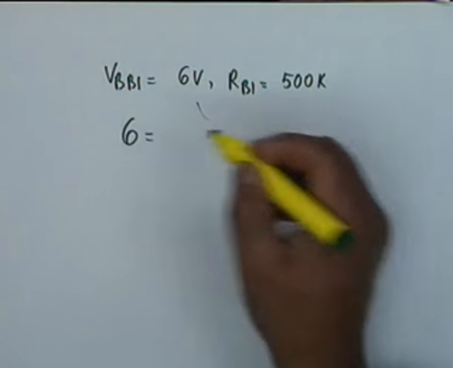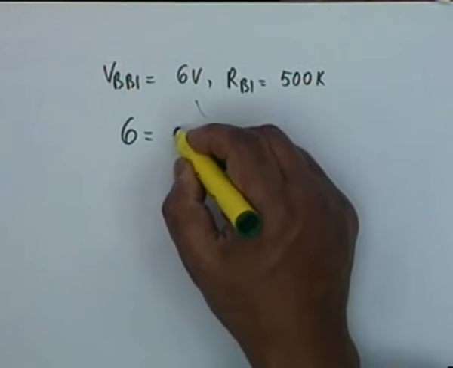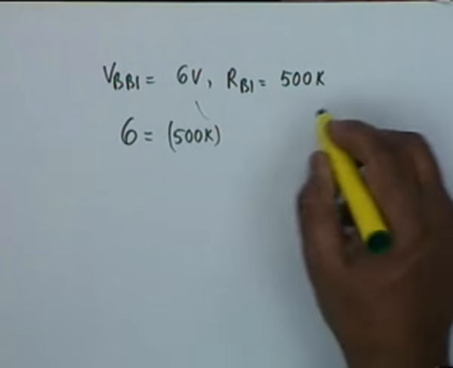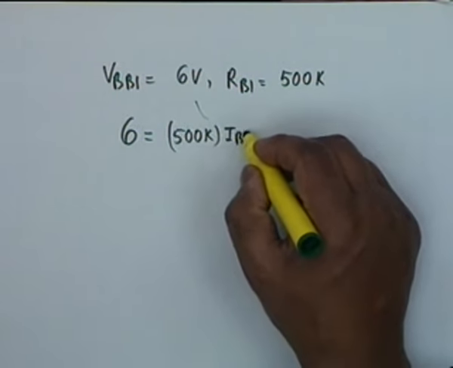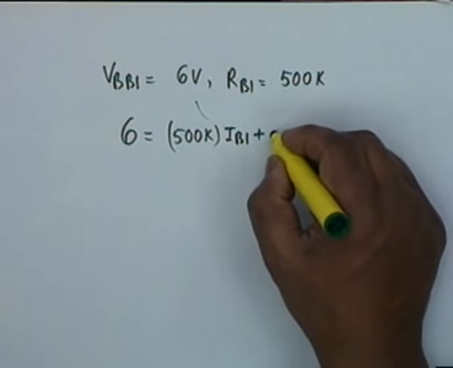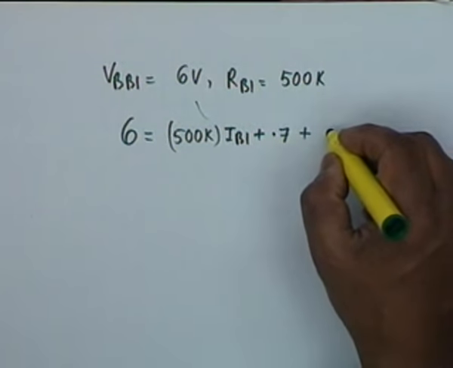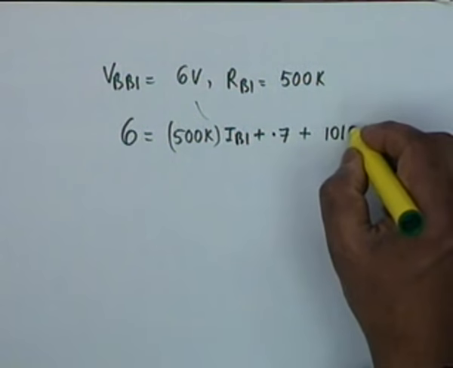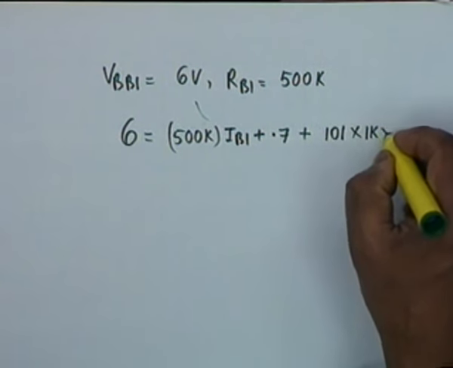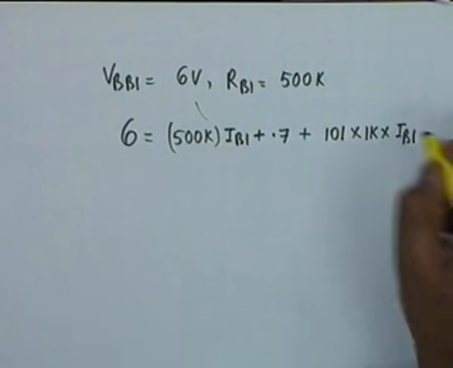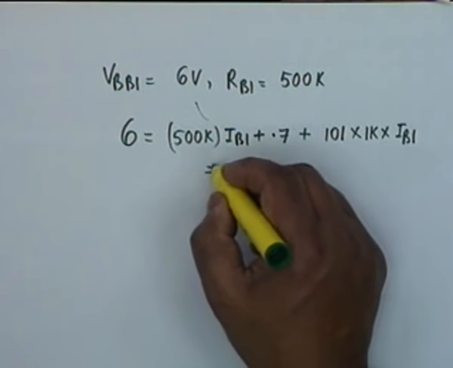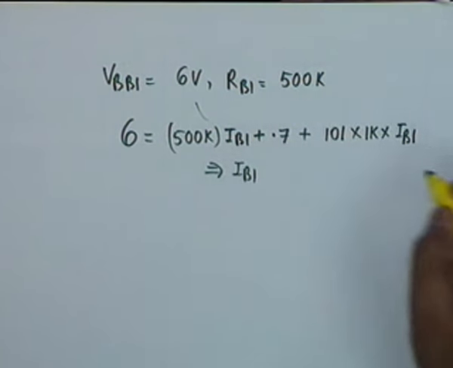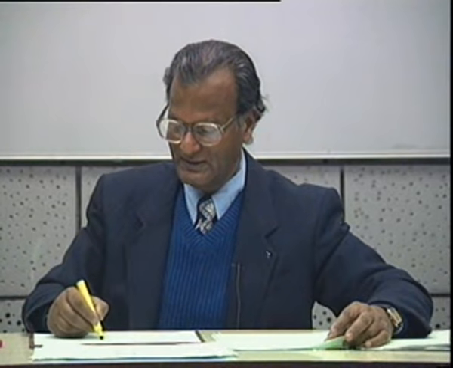So 6 would be equal to 500 K times IB1 plus 0.7 plus 101 multiplied by 1K multiplied by IB1, which gives you, if you do not understand this step, please stop me and tell me to repeat or to explain, okay?